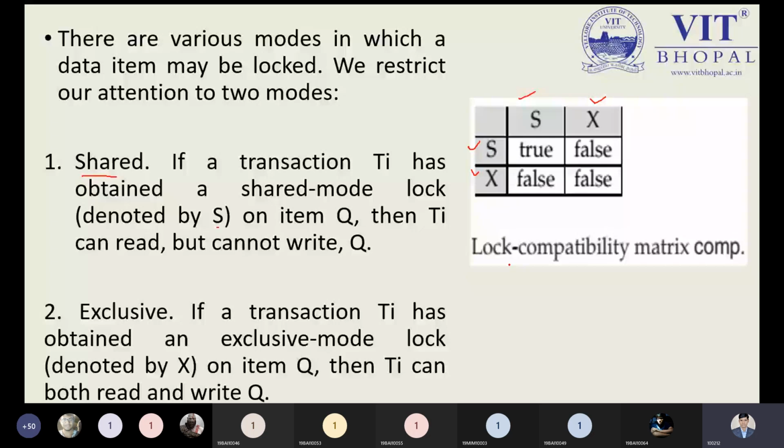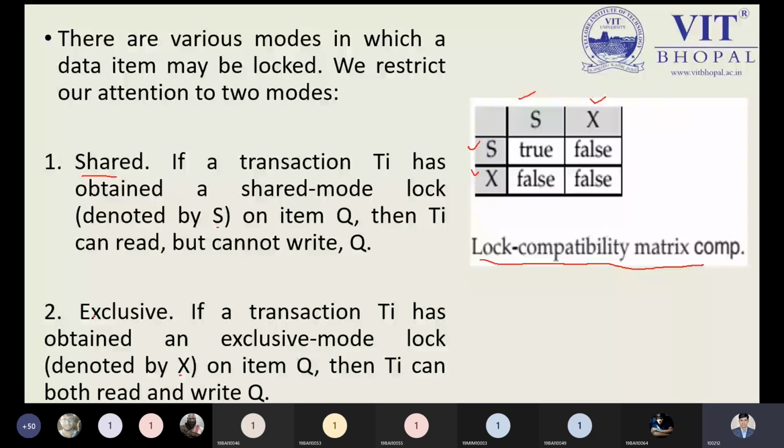So if you are using the exclusive mode, let me clear this once again. If transaction Ti has obtained exclusive mode, denoted by X, on the data item Q, then Ti can both read and write, as I told you so many times. If you are using the shared mode, you can perform only the read operation. You can't write.